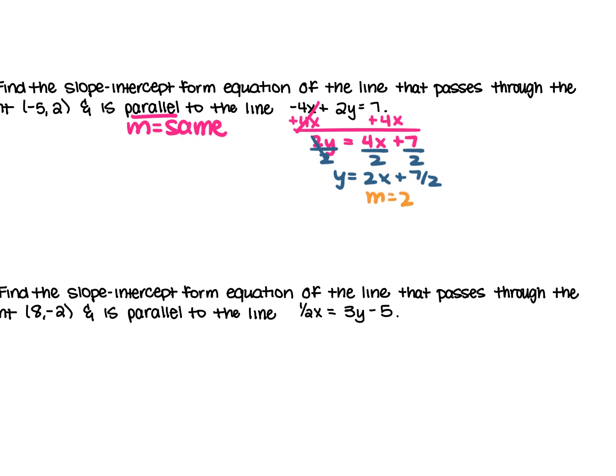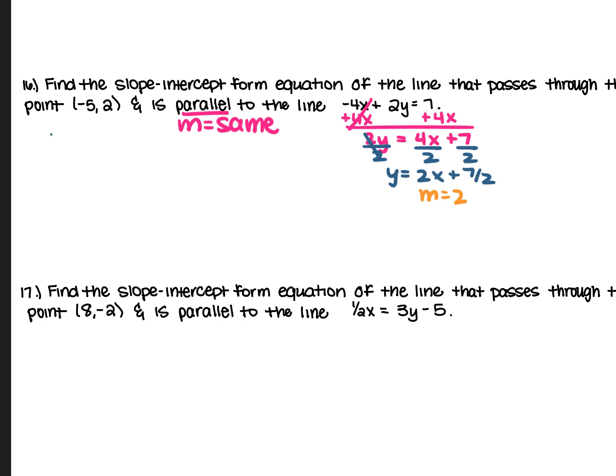The slope of the parallel line is going to stay the same. So the parallel slope is also 2, with the x1 being negative 5 and the y1 being 2. So we're just going to plug that into point-slope form. So we're going to have y minus 2 is equal to 2 times x minus negative 5. Double negatives turn to positives.